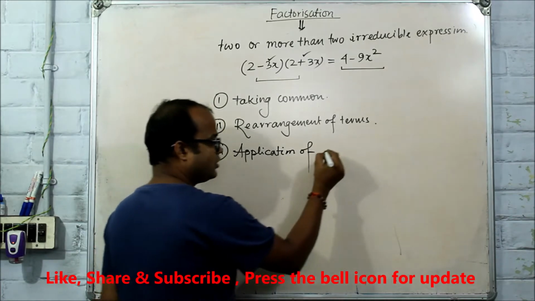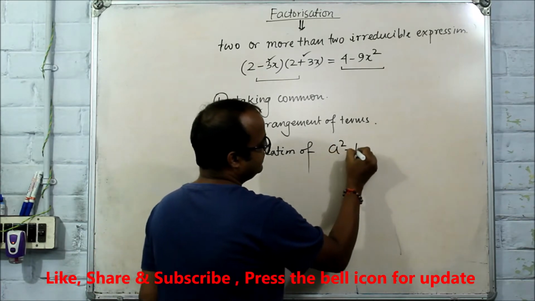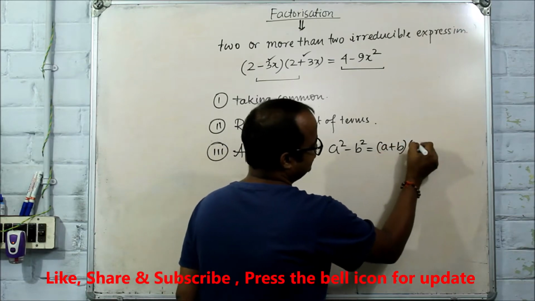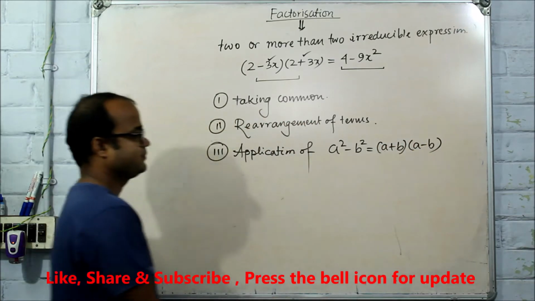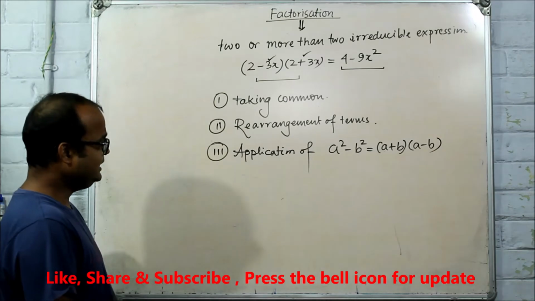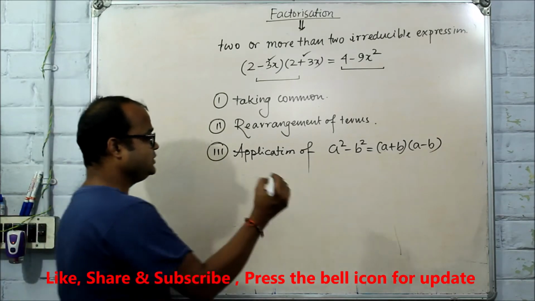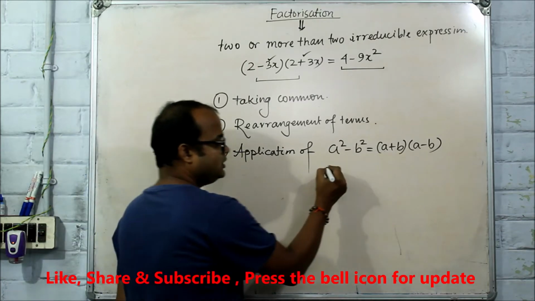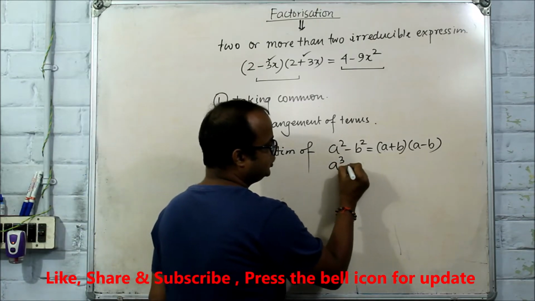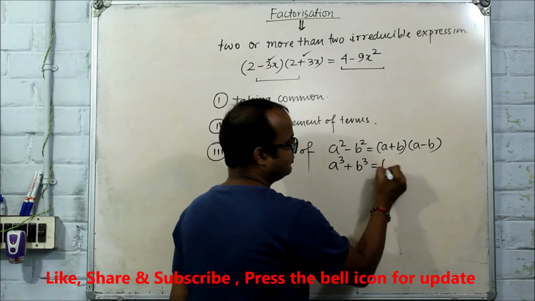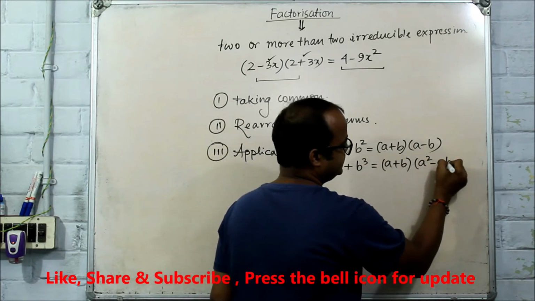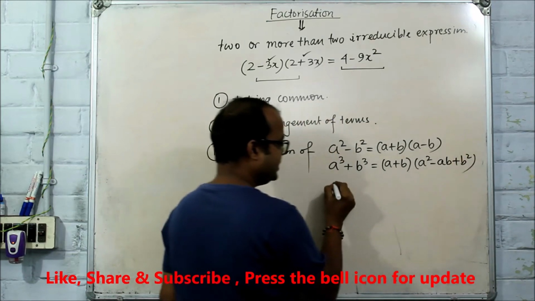a square minus b square is equal to a plus b into a minus b. In this part particularly we are going to use this formula, or a cube plus b cube, whose formula is a plus b into a square minus ab plus b square.